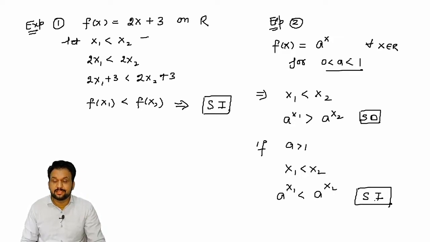So that is strictly increasing, and the other function is strictly decreasing. This was just simple examples of strictly increasing and decreasing functions. Further, we will discuss some questions and how the derivative is involved, and how with the help of the derivative we find increasing intervals, decreasing intervals, and specific points also.